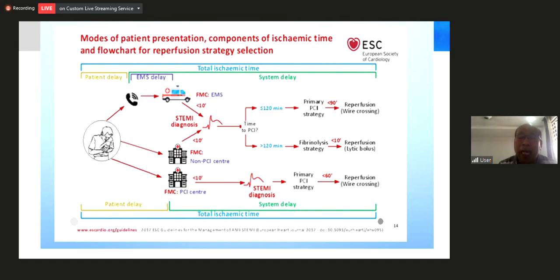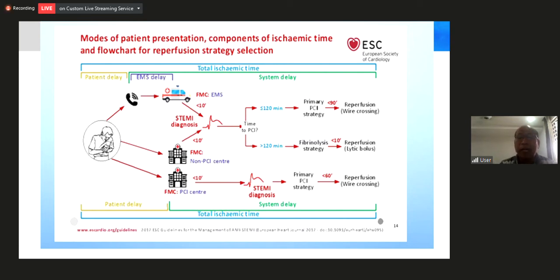From the time you start the ambulance to the time we open the vessel is 120 minutes. You call the hospital, they quickly open the lab. When you arrive at the hospital, they quickly bring the patient to the theater and open the vessel immediately.